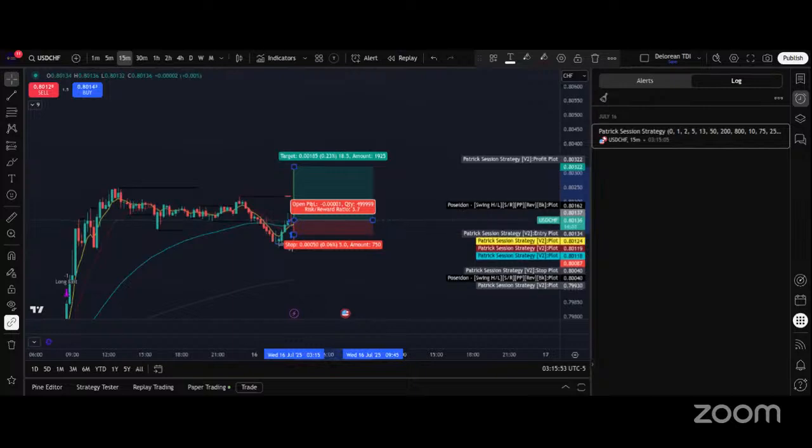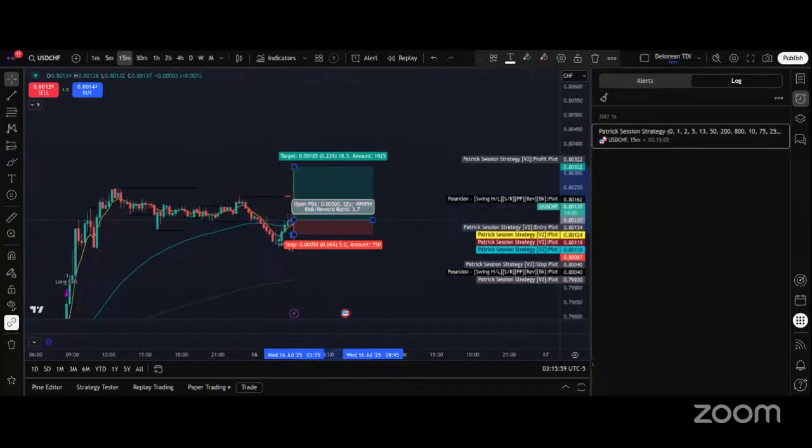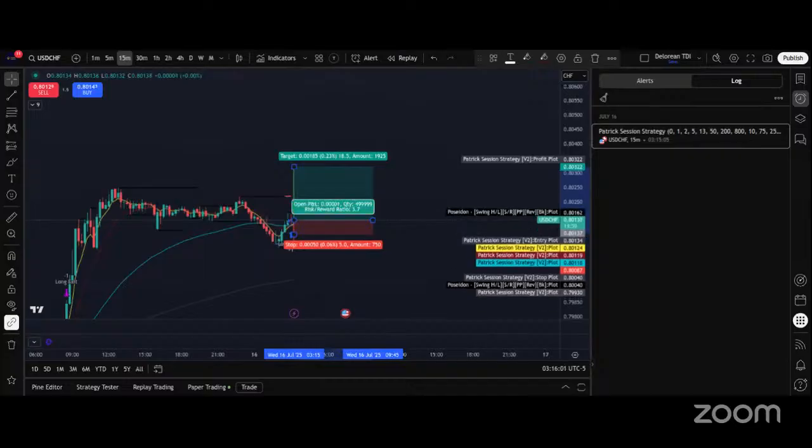Again, I'm going to call this just for the live. So thanks for rocking with me. This is USD versus Swiss franc on a 15-minute confirmation. Market execution buy. It's going to be a 3.70 risk to reward ratio.